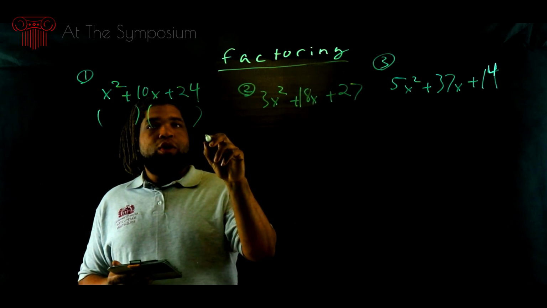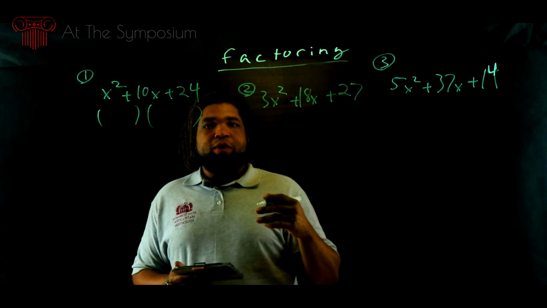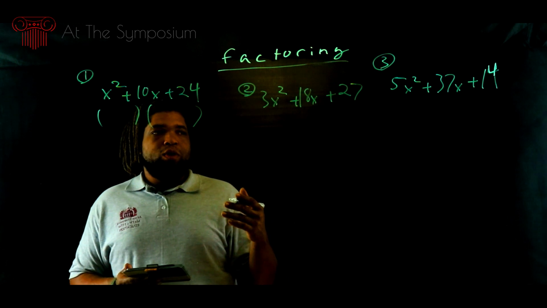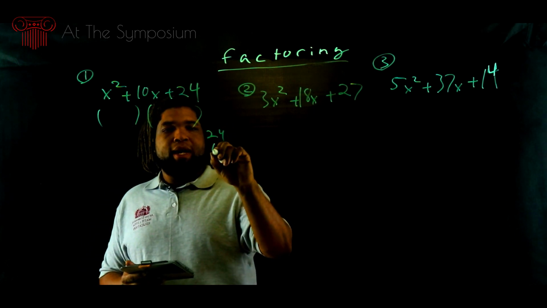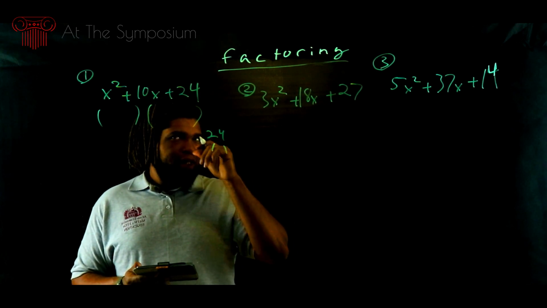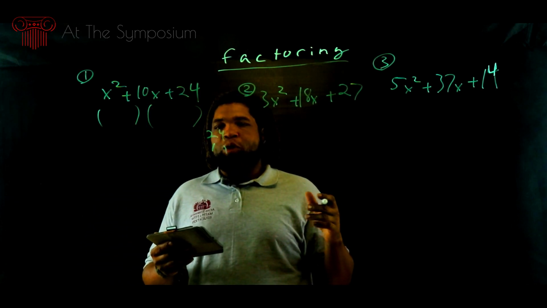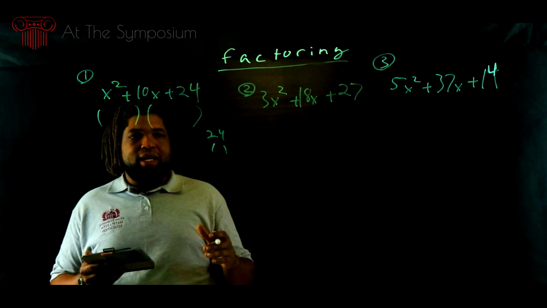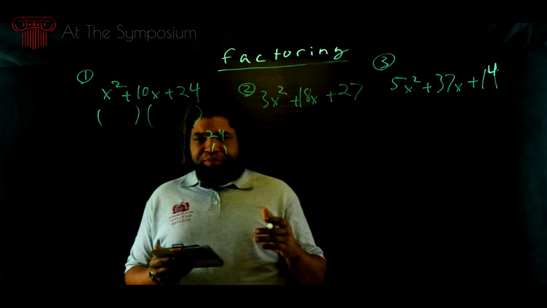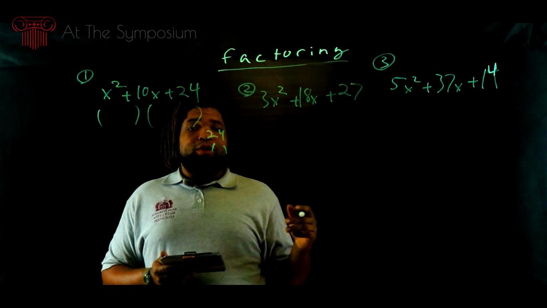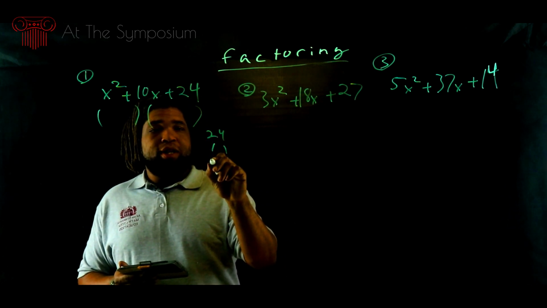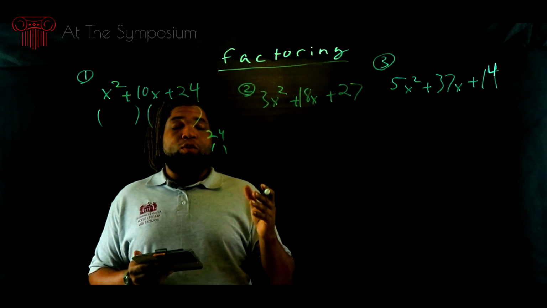So again, my question is, what adds up to 10, but also multiplies to give us 24? Now again, when you're doing factoring, you have to assume what you can figure out and what you can't. It seems like we can make a healthy assumption that there's probably some number that multiplies to 24 and adds up to 10. We can start by doing our multiples, like our multiplication table, not of 10, but of 24.